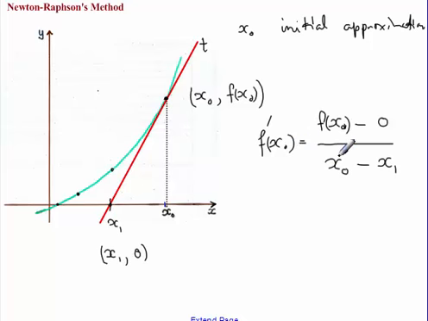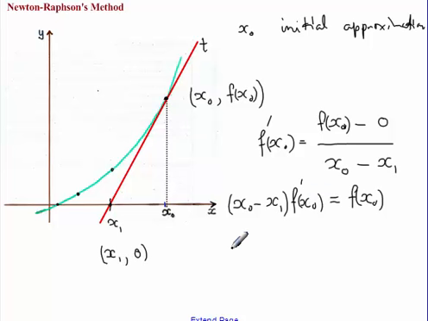Now, if we play around with this, I think you will see that this takes us to x0 minus x1, and then multiply by f prime at x0, and that is equal to the function f of x0.